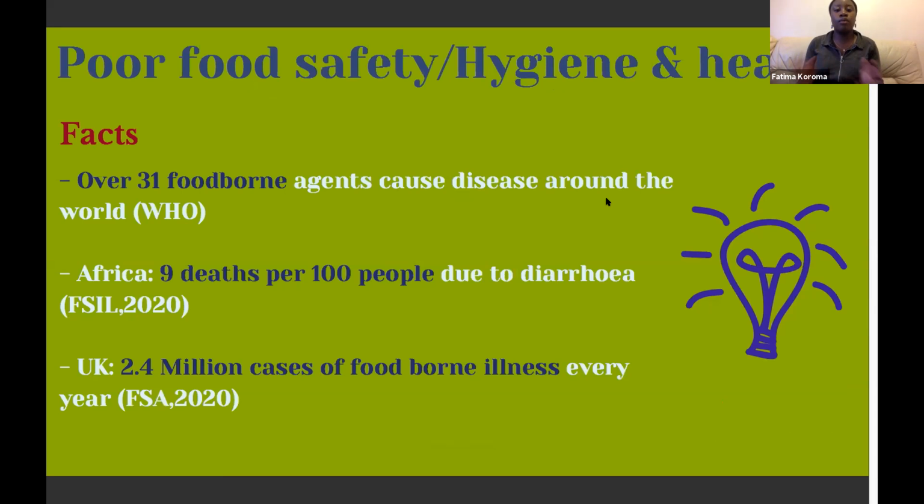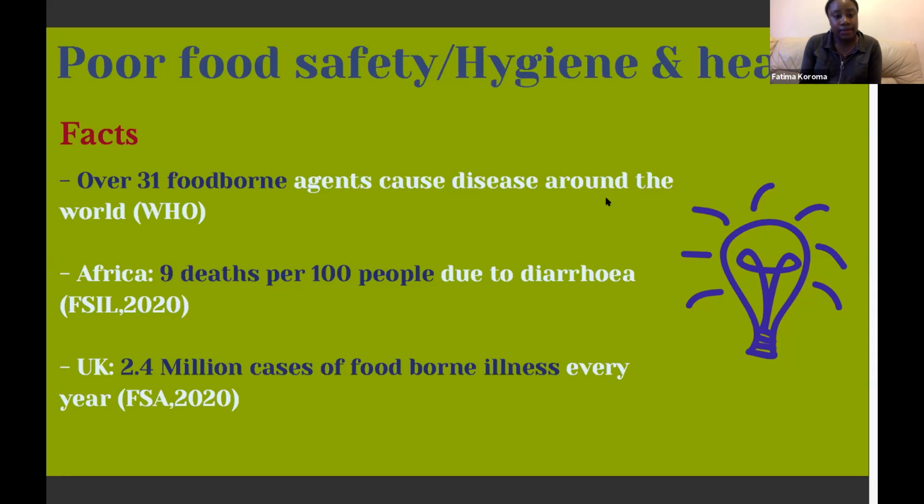So before we move on, let's go through the facts about poor food safety and hygiene, both in the UK and Africa. The World Health Organization tells us there are over 31 foodborne agents, the bacteria, the viruses, and the parasites, that cause sickness around the world when people eat contaminated food.